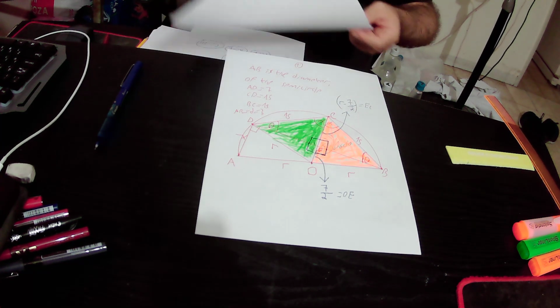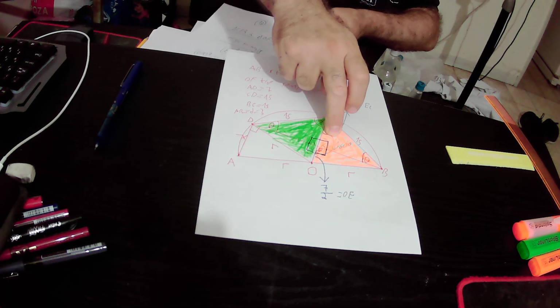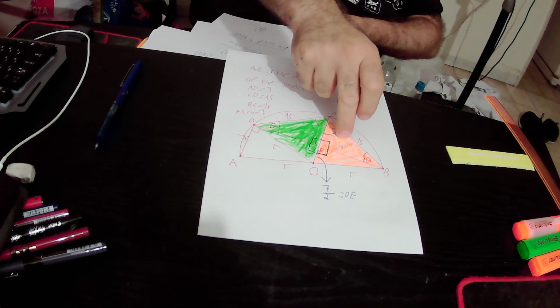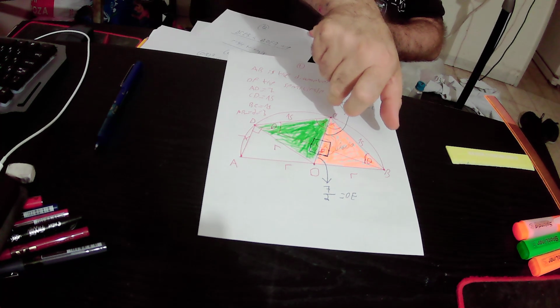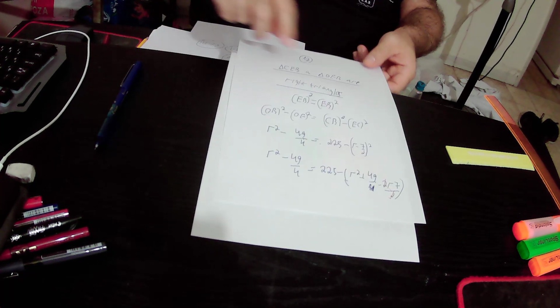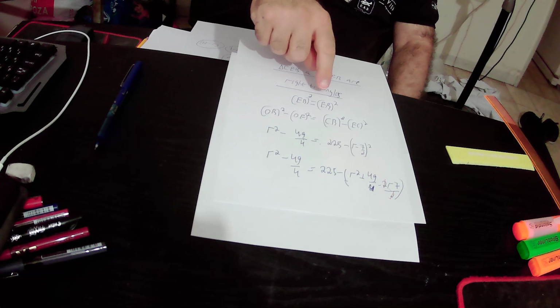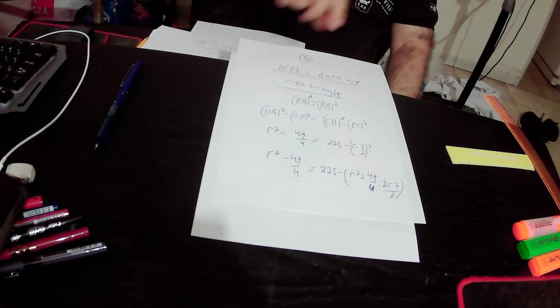And the second EB square is related to this right triangle because EB belongs also to this right triangle. Here EB square will be equal to CB square minus CE square. Okay? EB square equals CB square minus CE square.